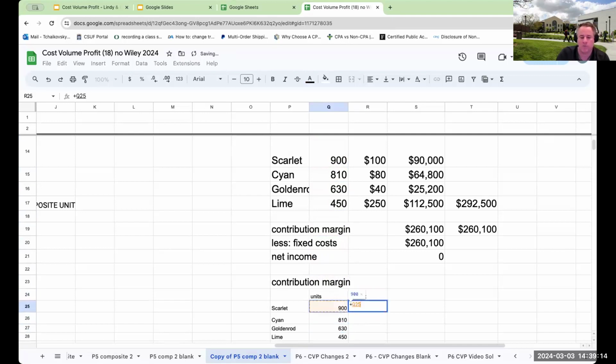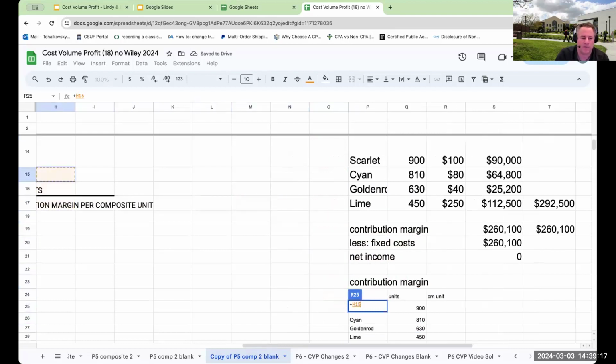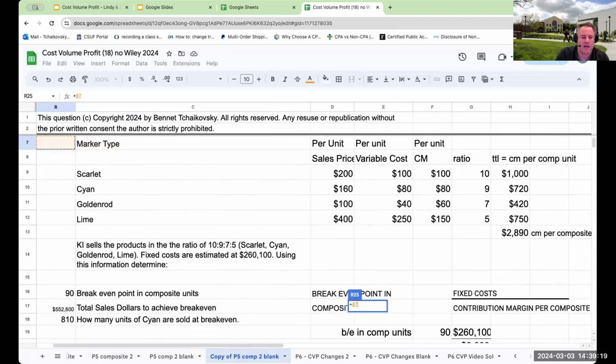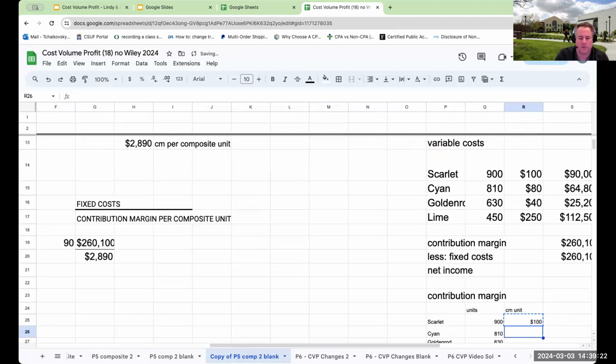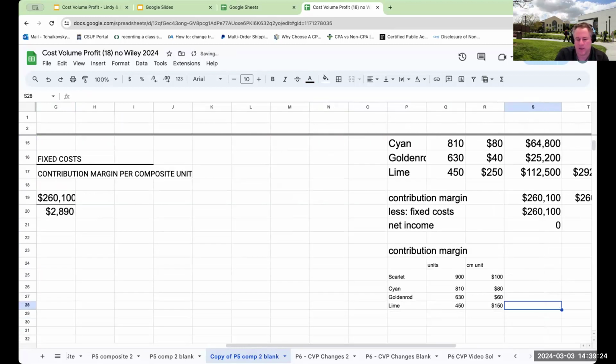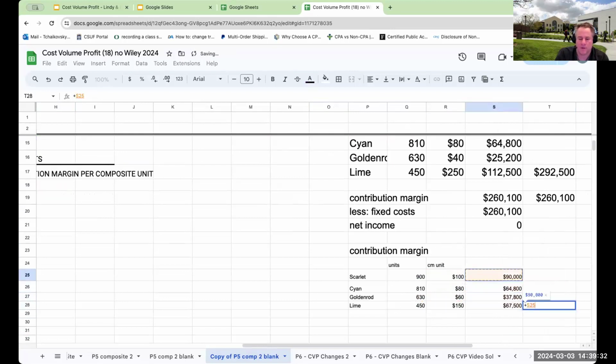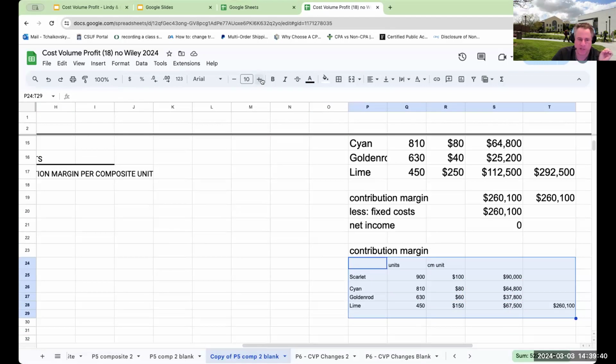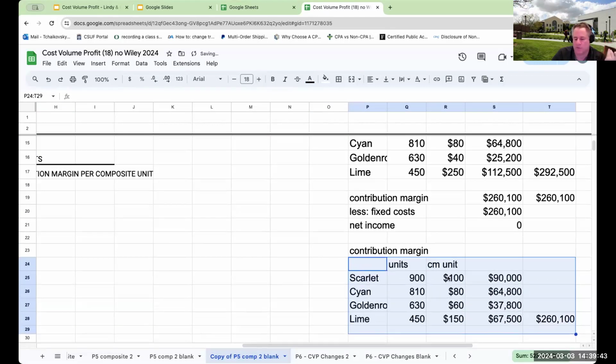My contribution margin per unit is 100, 80, 60, and 150. If I multiply these across and add them up, I get 260,100. So depending on the question, if I'm just trying to check my work, I can focus on the contribution margin, then less the fixed costs. My net income is going to be 0.